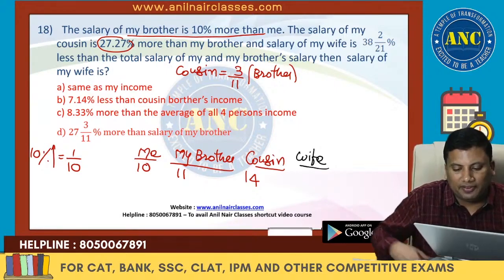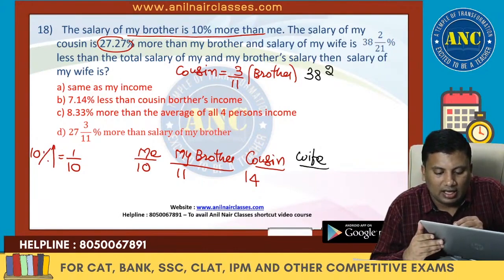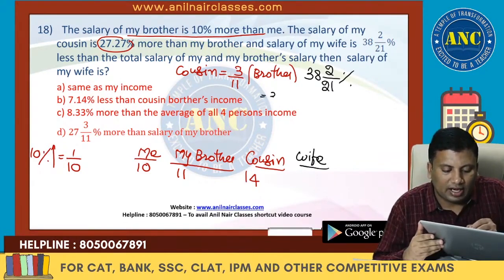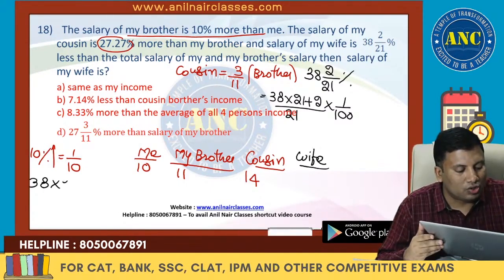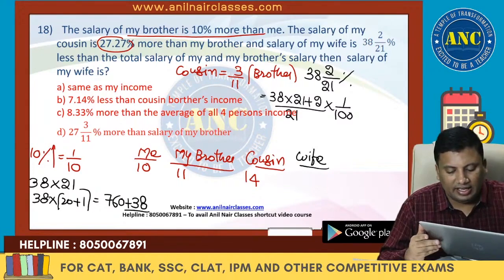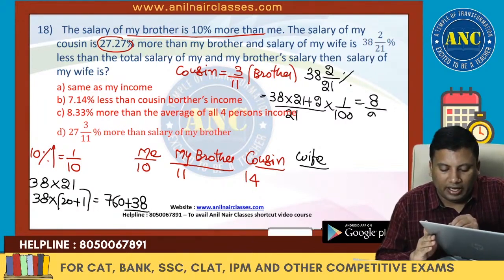Salary of my wife is 38 2 by 21. If I convert into percentage, I will get it. That is nothing but 38 into 21 plus 2 divided by 21 into 1 by 100. 38 into 21, which is 38 into 20 plus 1, which is 760 plus 38, 798 plus 2, 800, which is nothing but 8 by 21.